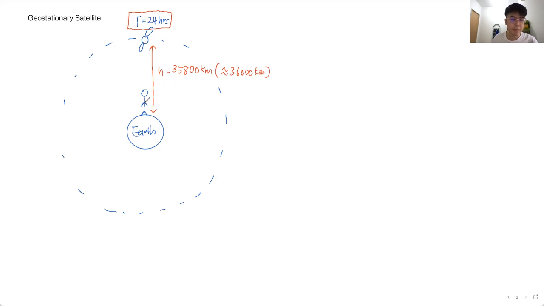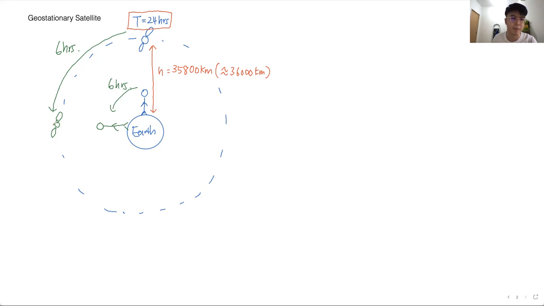Now, from here, after 6 hours, my position is here. The satellite also, after 6 hours, has gone here. Same period, right? When I look up after 6 hours, I look into the sky, I see the satellite is still there.